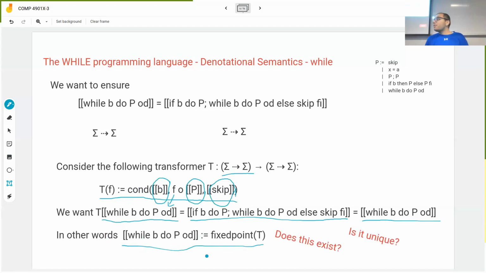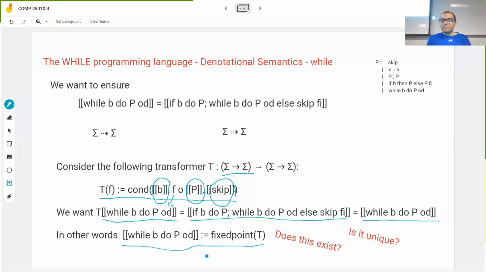But now, first of all, what happens if it doesn't exist? What if I don't have a fixed point? I haven't proven to you that there is definitely a fixed point, right? So it might be that this T has no fixed point at all. And then the next question is, is this fixed point even unique? What if I have many different fixed points?